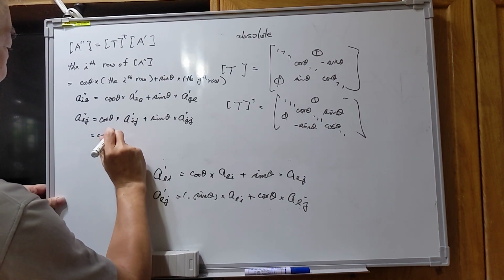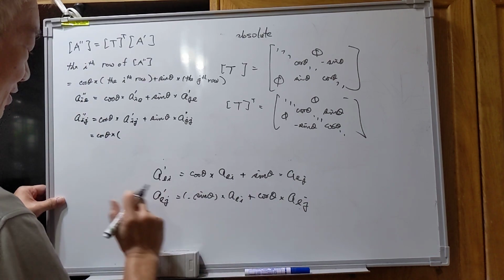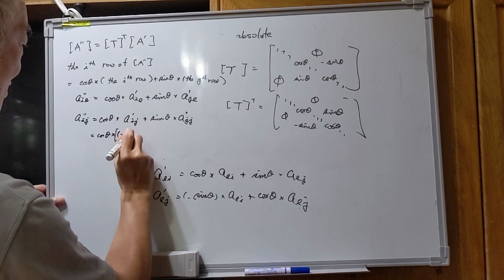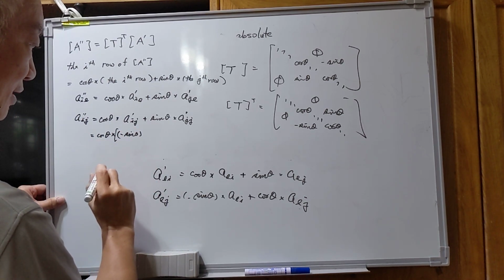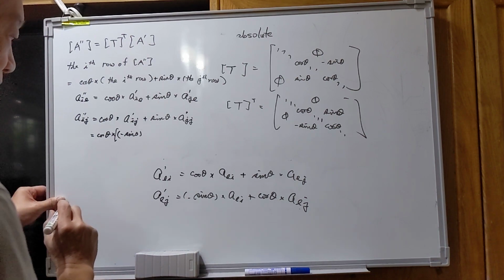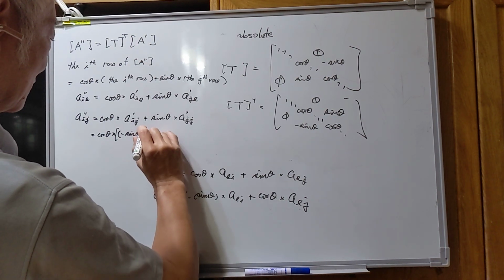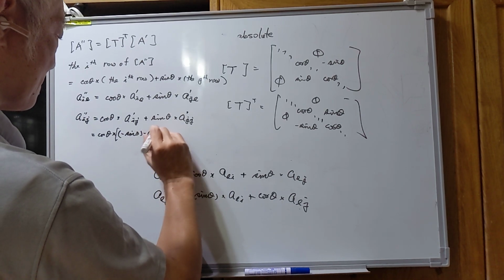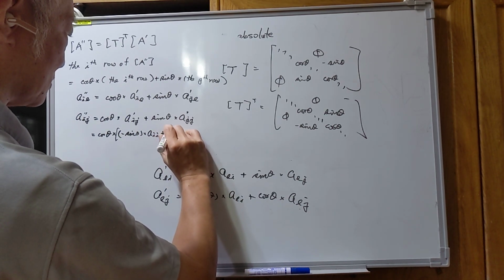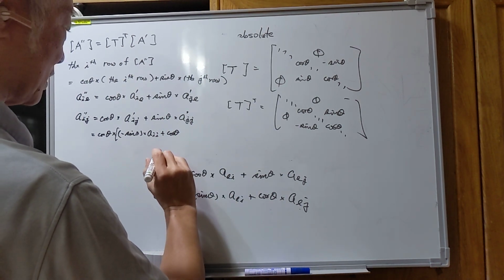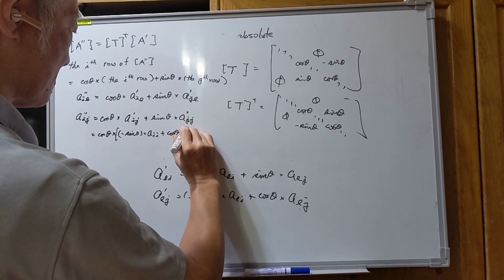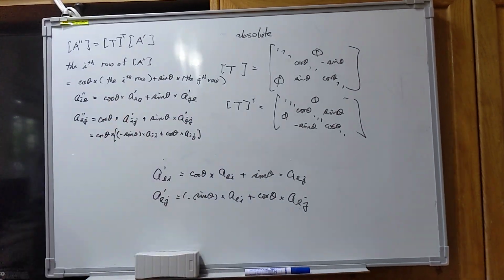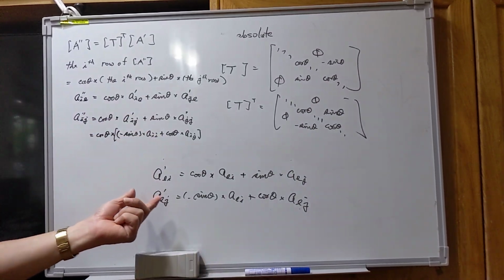Cosine theta times the Aij element, negative sine theta times Aii plus cosine theta times Aij. That's the Aij prime.